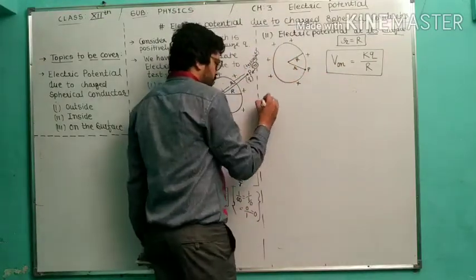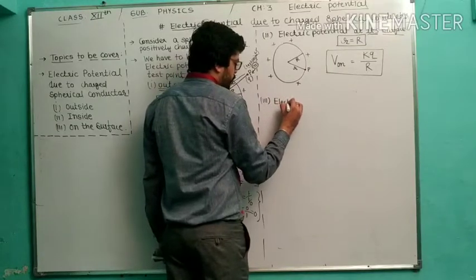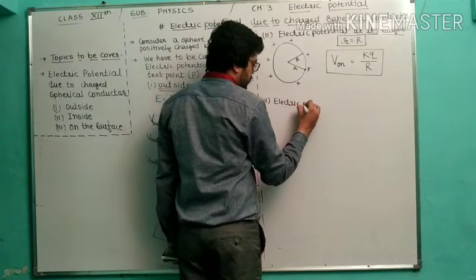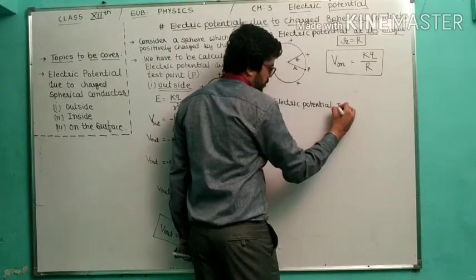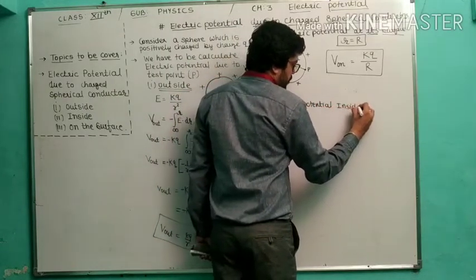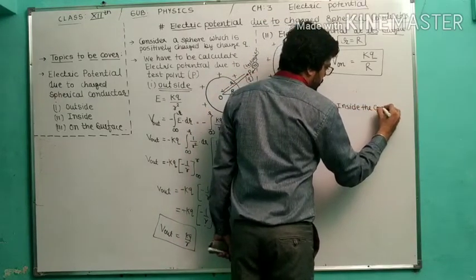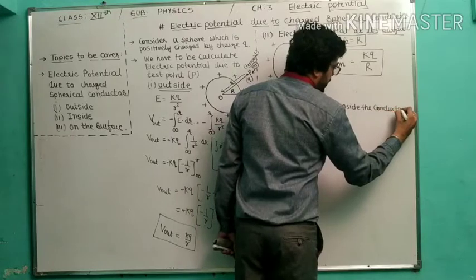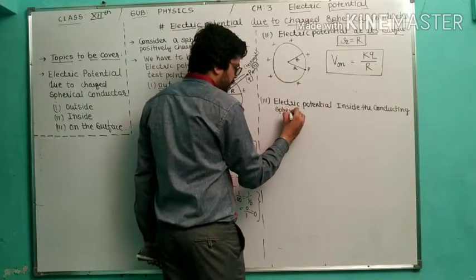Now the third condition is the electric potential inside the conducting sphere. This is very easy.